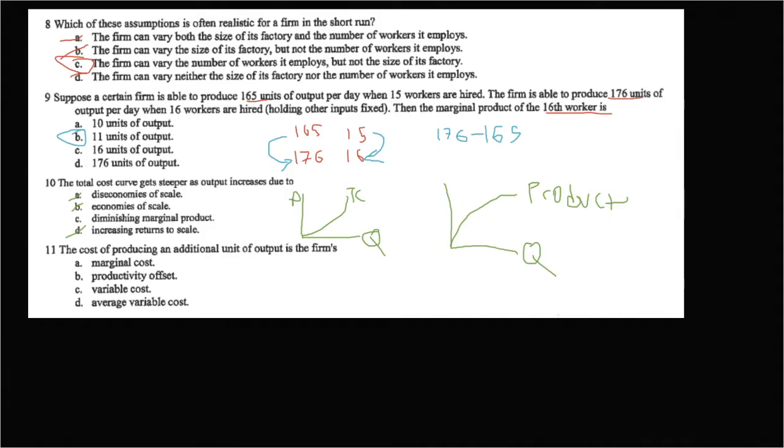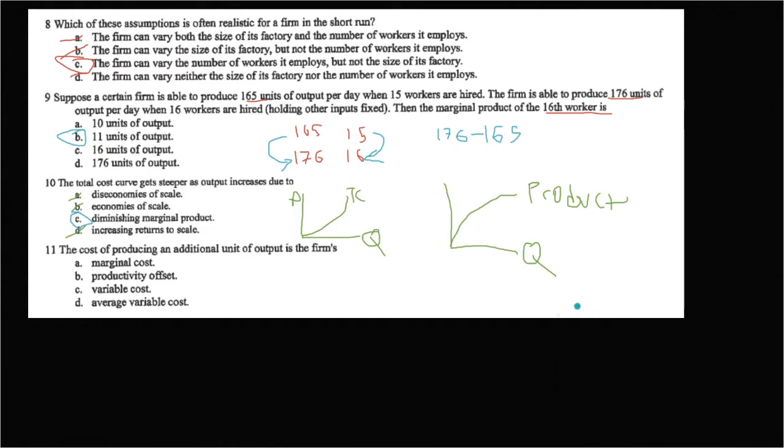This concept is diminishing marginal product. Because it takes more workers and more time and money to produce more and more, and the product is not increasing as quickly, the cost begins to skyrocket. So this is the concept of diminishing marginal product.